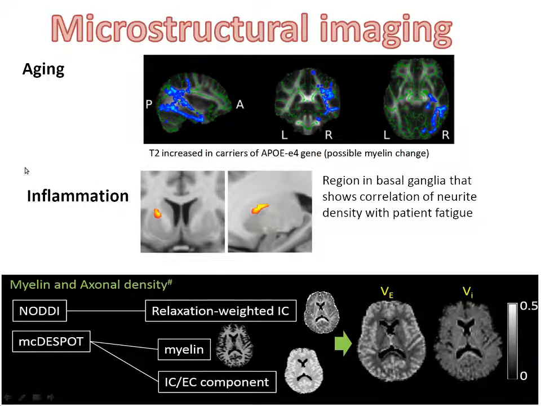We've also identified differences looking at inflammation, where we've been able to correlate changes in neurite density in this basal ganglia region with later fatigue for people being treated with the pro-inflammatory interferon. You can also use quantitative MRI and these microstructural imaging techniques to look at myelin and axonal density using techniques known as NODDI and mcDESPOT.